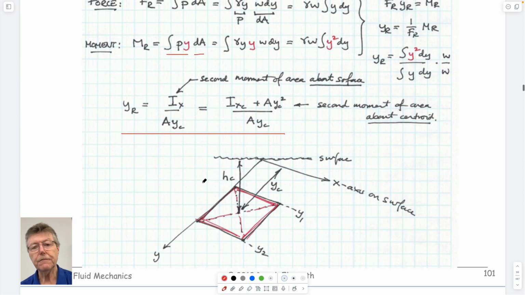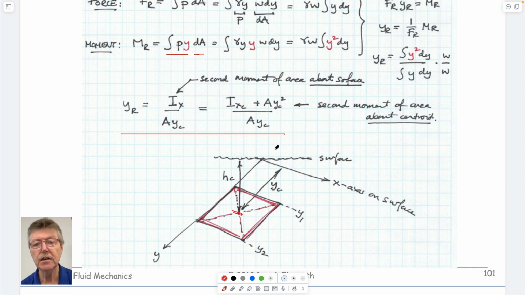But it's more convenient for us to not write it in terms of the second moment of area about the surface, but to write it as the second moment of area about the centroid and relative to this. And so the second moment of area relative to the centroid is not relative to this surface, but is relative to the location of the centroid.